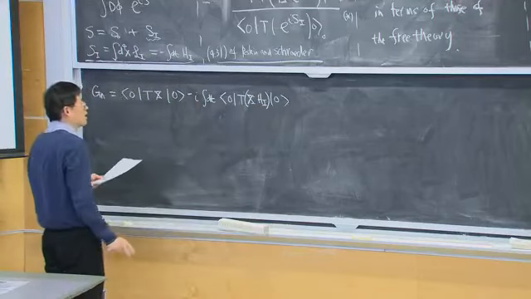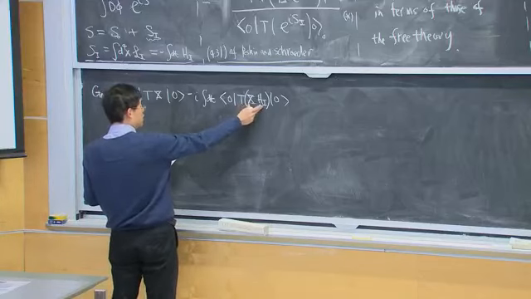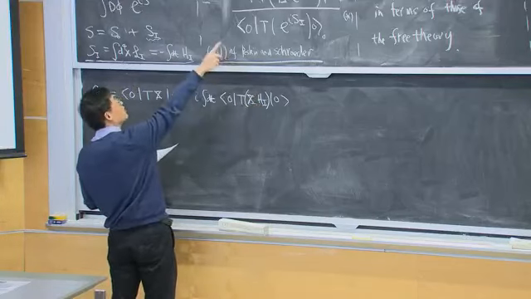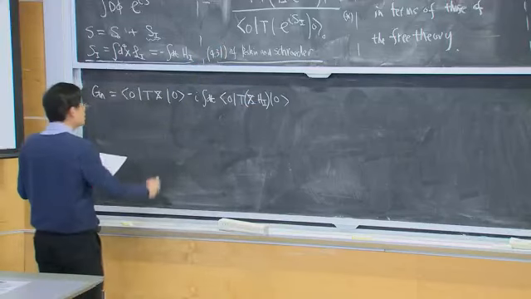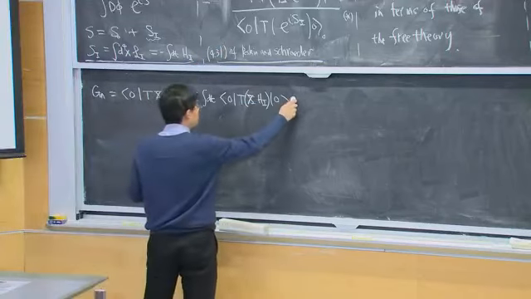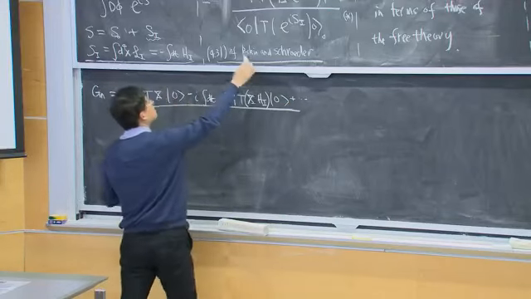Remember here you need to time order them together because both of them are in the same integrand. So we need to time order them together, and so on. So this is upstairs, and downstairs you just expand this.